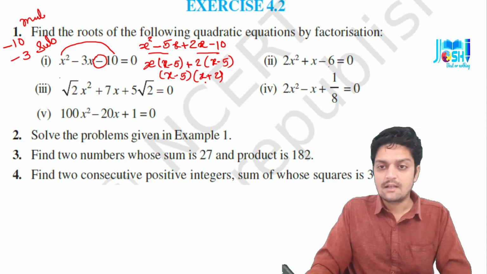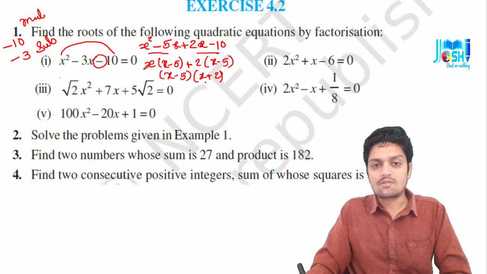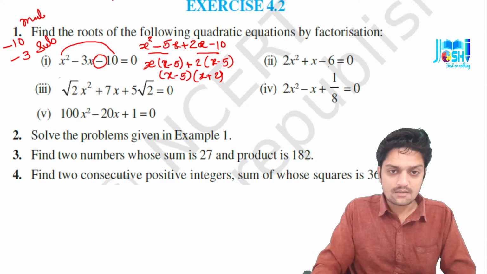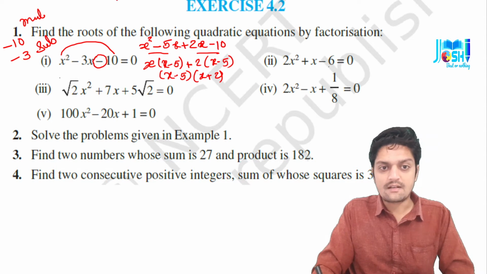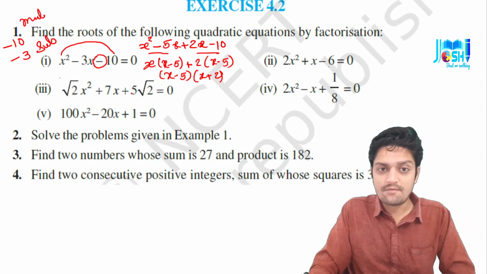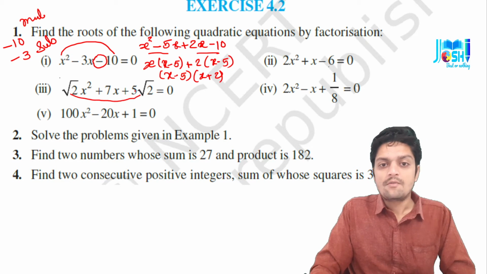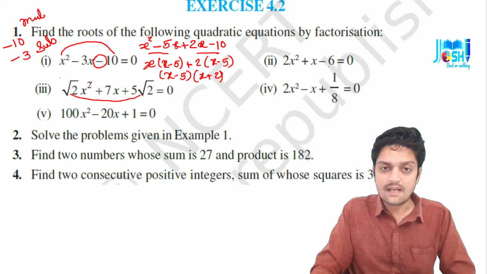Now see, all the questions are of the same pattern, so I will not solve all of them. But there is an under root kind of question, the third question, so let me solve it. Root 2 x square plus 7x plus 5 root 2 is given. If you multiply the first and last terms, 5 into root 2 into root 2: root 2 into root 2 is 2, and 5 2s are 10.